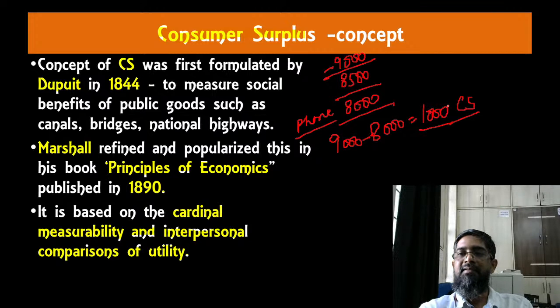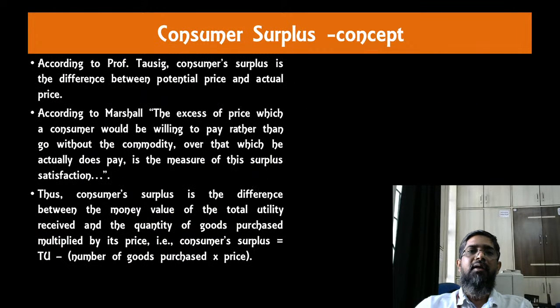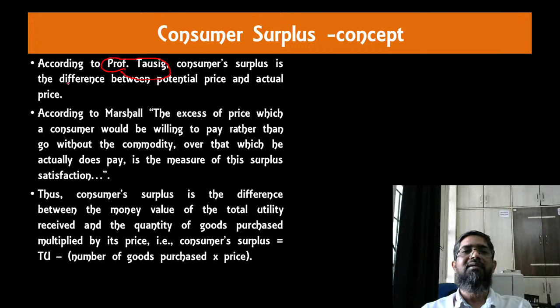Okay, students, now moving on to some technical definitions given by famous economists. Professor Taussig says that consumer surplus is nothing but the difference between the potential price and the actual price.